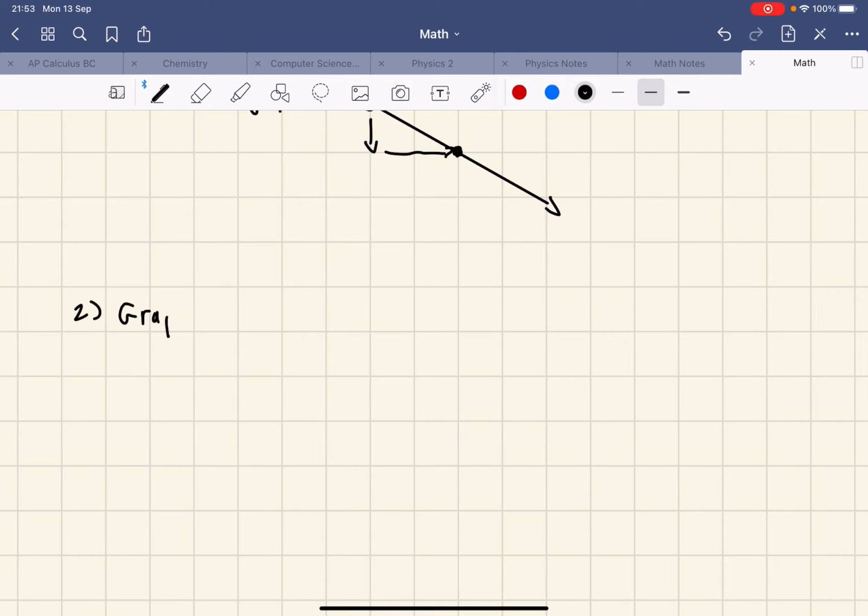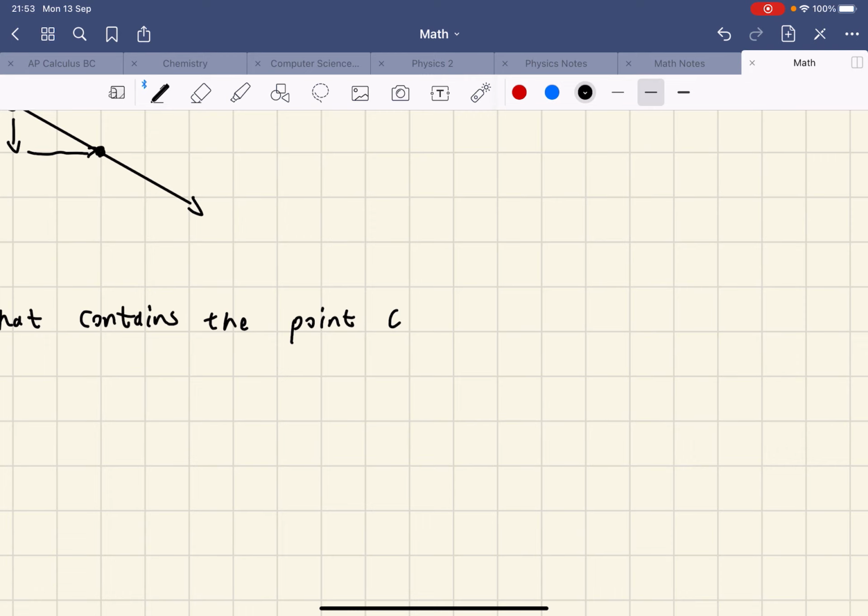Let's try another one. Graph a line that contains the point (6, 3) and a slope of 1/4.